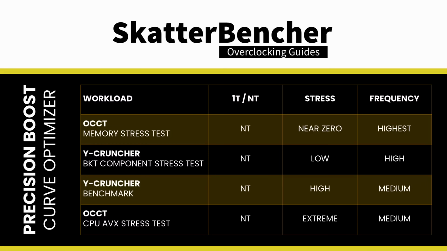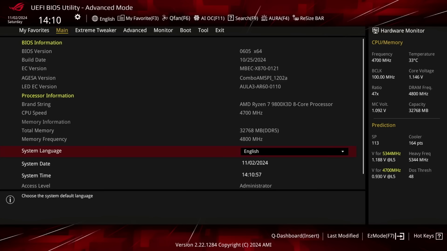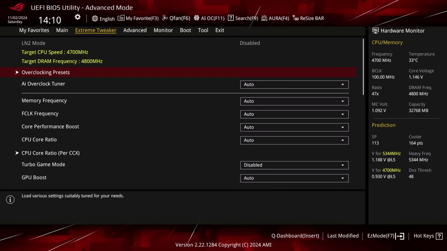I identified 4 typical workloads that tend to show early signs of instability. So when I increase the negative curve optimizer setting in steps of 5 points, I quickly check stability with each of these workloads. Once I find an instability, I back off on the curve optimizer and check the stability across the entire benchmark suite. Upon entering the BIOS, go to the Extreme Tweaker menu.